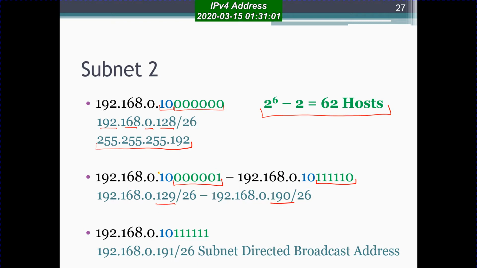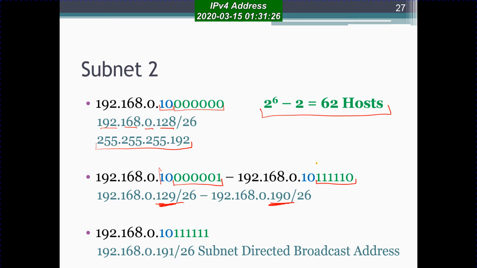You see now, because we are taking into consideration the value of the bits that we have in the subnet field. So this 128, add to it 1, it becomes 129, and 128, add to it this value here, which is 62, then it becomes 190. So always start with an odd number and finish with an even number.